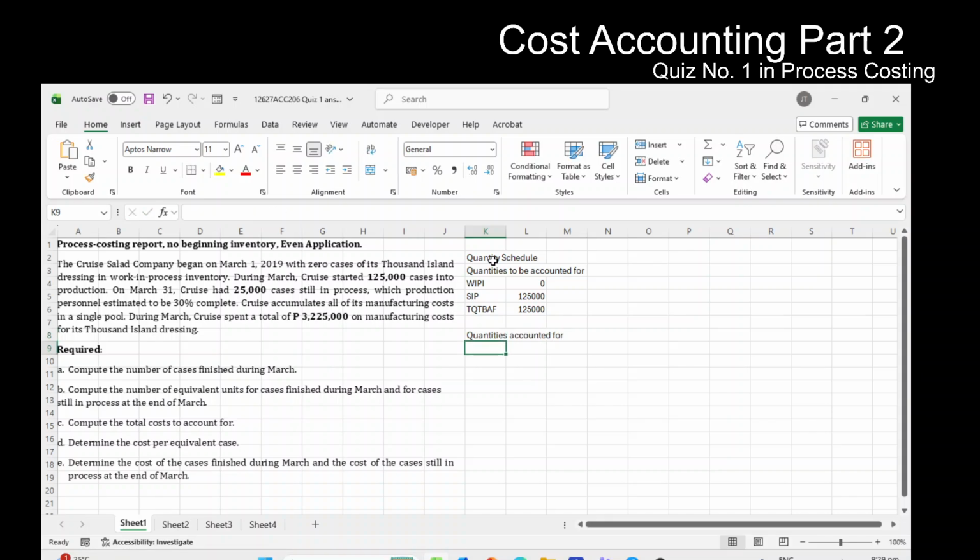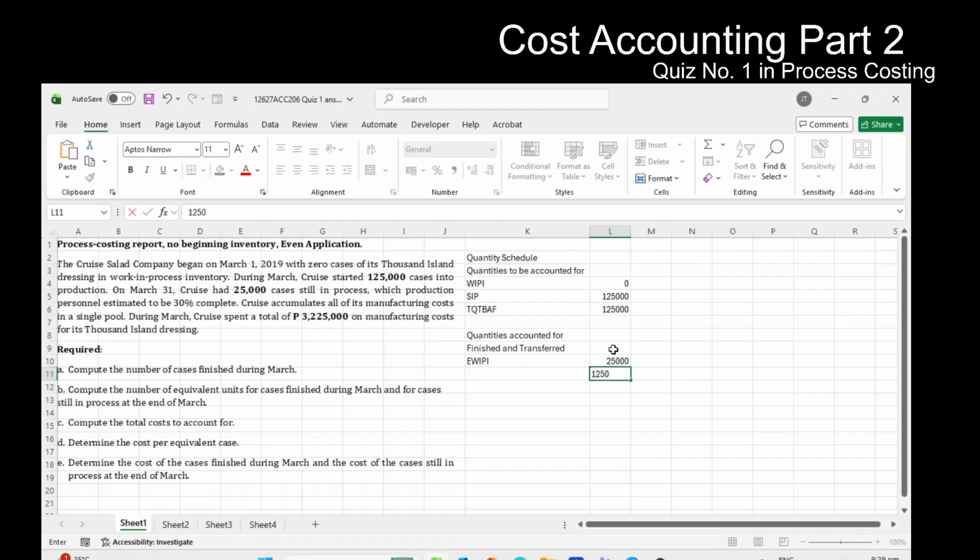We have finished and transferred, and then we have the ending work in process inventory, which is 25,000.